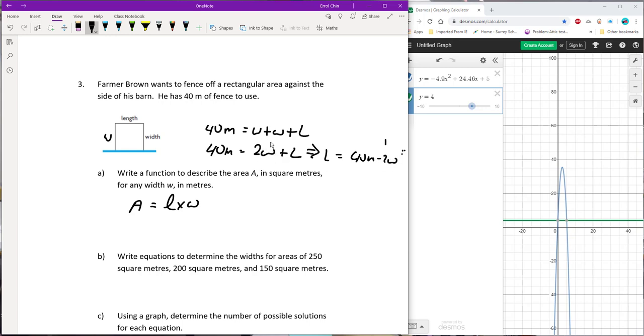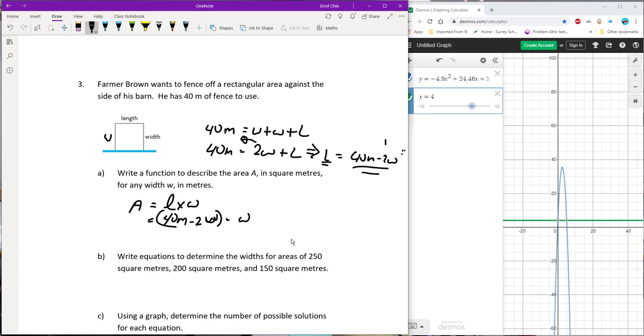So in previous math courses, whenever terms move across the equal sign, I'm moving it over to the left-hand side. It's positive right now. Well, it becomes negative when it's on the other side, right? So it's going to be 40 meters, negative 2W. So I know that anytime I see the letter L, I can replace it with that. So now we know L, well, that's just 40 meters minus 2W. That's the L value times W itself.